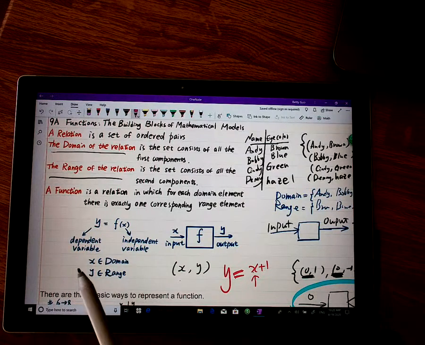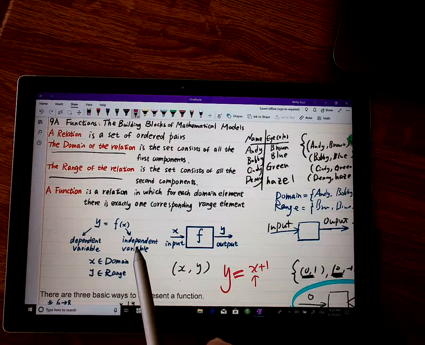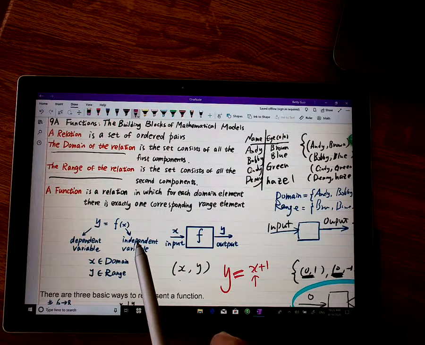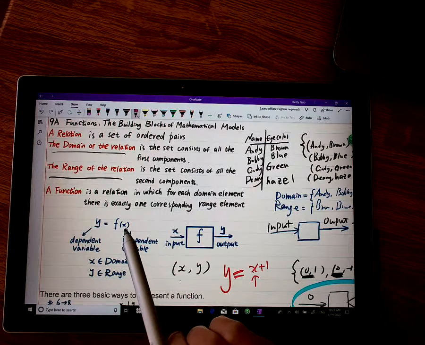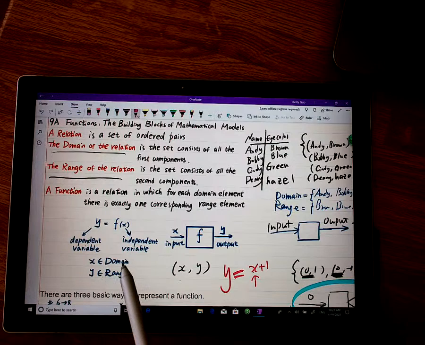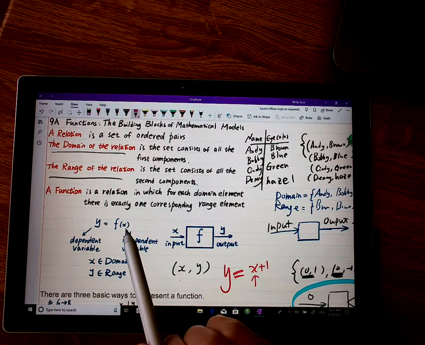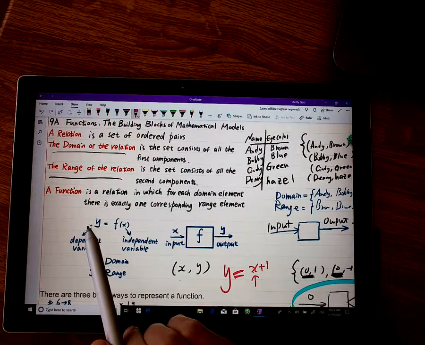X and y here do not play the same role. We can see that from the name of the two variables. This is independent. That is dependent. Independent means variable x could assume any value that it wants, as long as the value is in the domain. However, once the value of x is certain, the value of y would be certain as well.